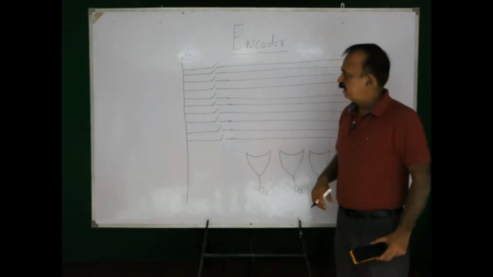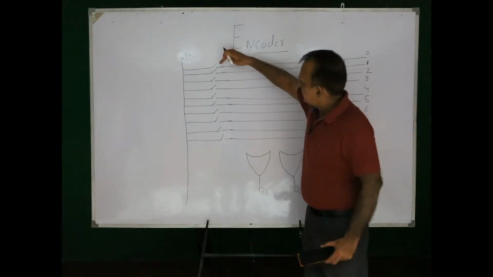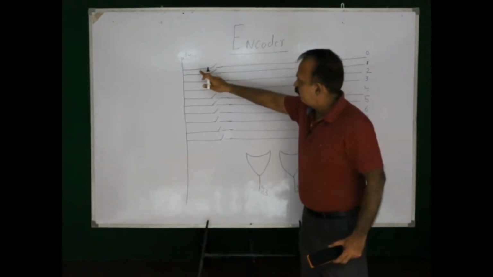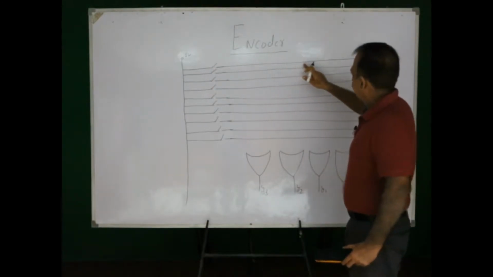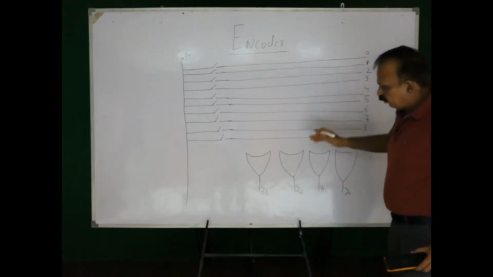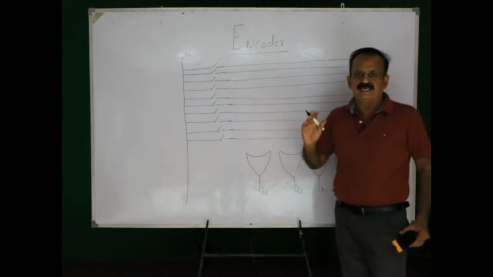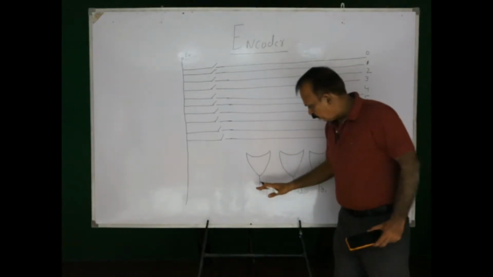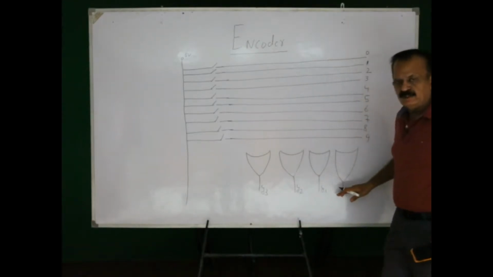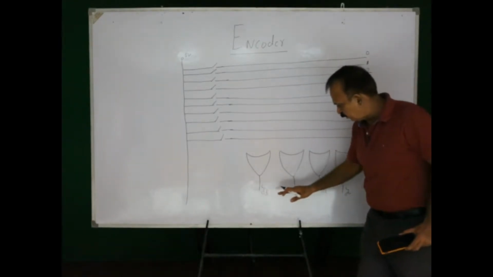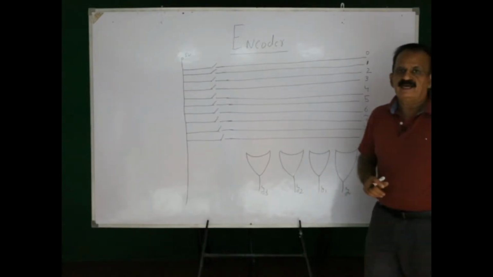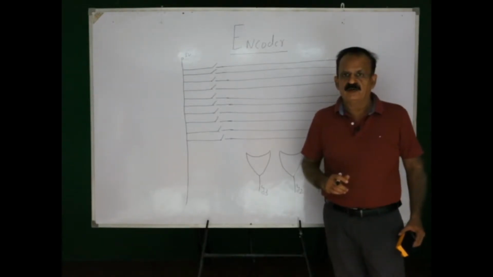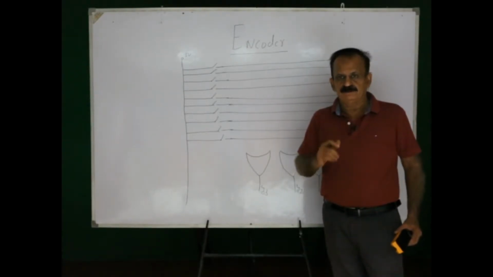I am repeating, if I press this button, there will be current in the horizontal wire representing 0. This won't be connected to any of the OR gates, so the output of all the OR gates will be 0, or the output will be 0 0 0 0, that is the binary equivalent of the decimal number 0.